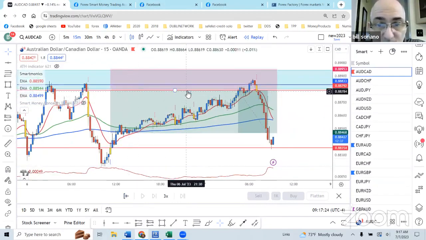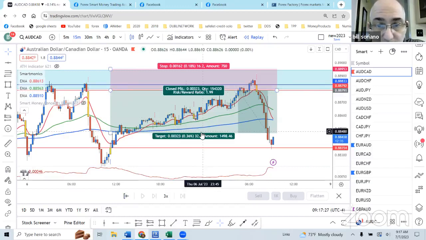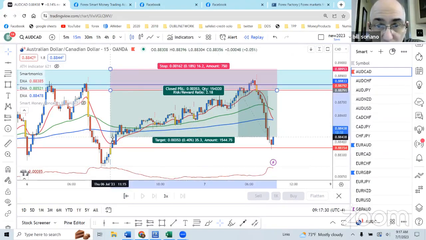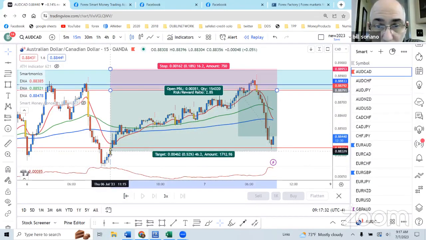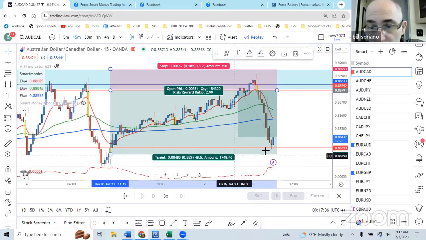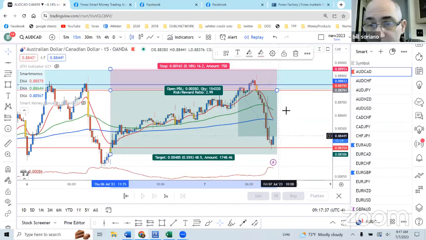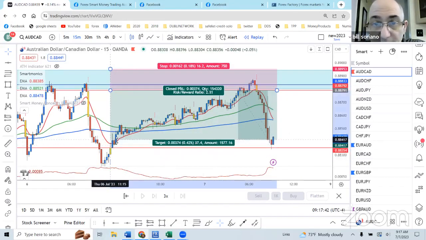Now, the question is, could we get a 1 to 3 on this? We don't know. Probably not. A 1 to 3 would be all the way down here. So we almost got it, but probably at this point, price is going to move back up. But this was a winning trade, right?